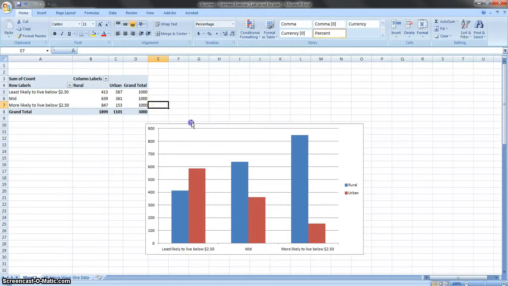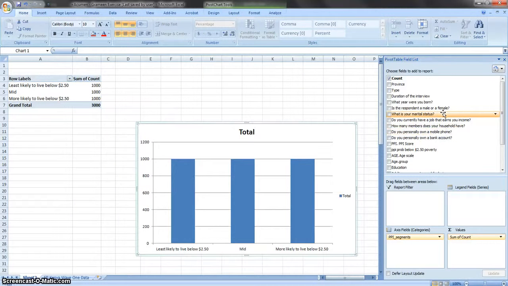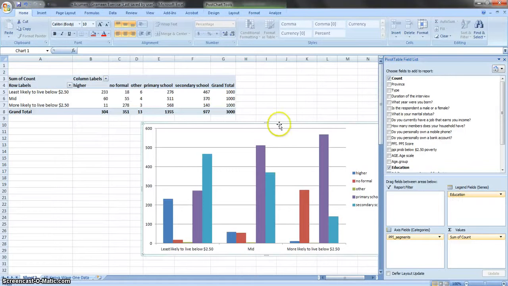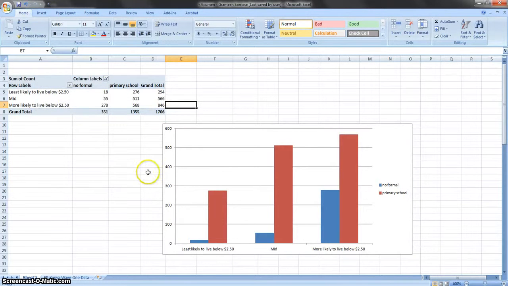We can delete this and go back to our variables and just take another one, and we're going to choose education. And we only want to concentrate on the ones who have no formal or primary school education. And again, you will see the total distribution in both cases.